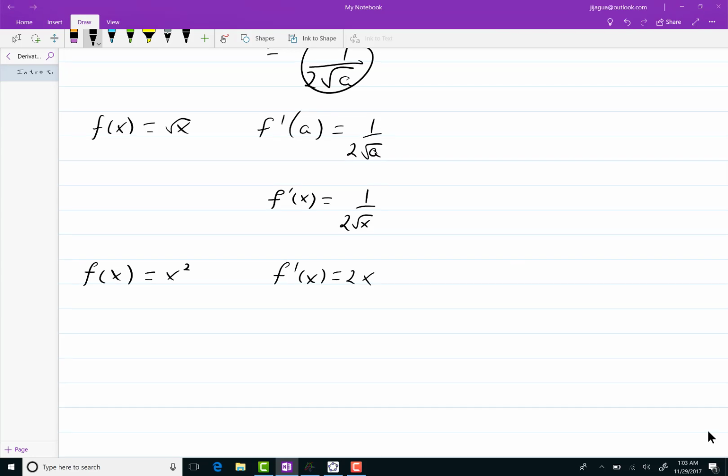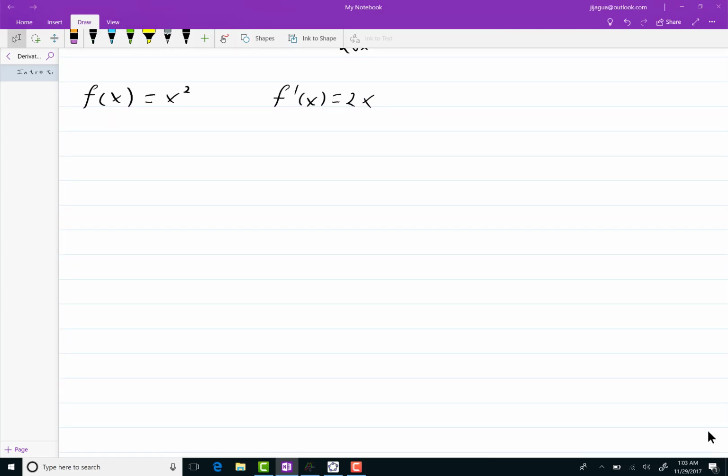In fact, in the formula for f prime of a, the limit as h goes to 0, f of a plus h minus f of a all over h, I can change this into a function of x by simply replacing the a with x. After all, a was allowed to be any number in the domain anyways.